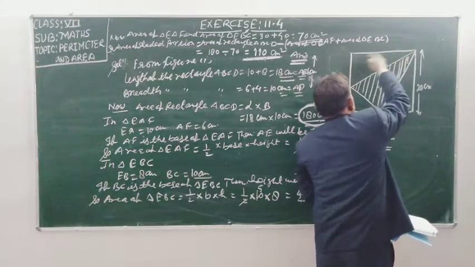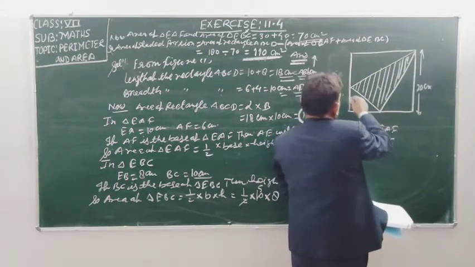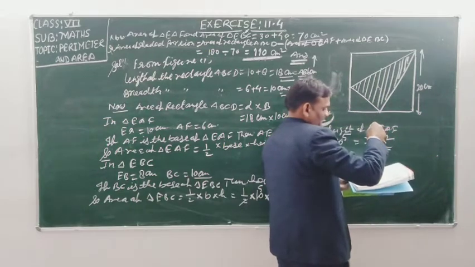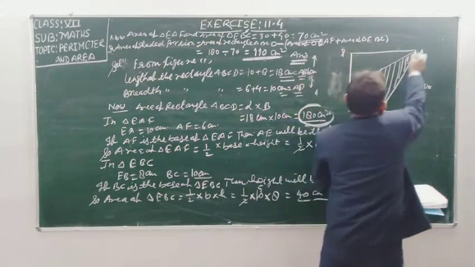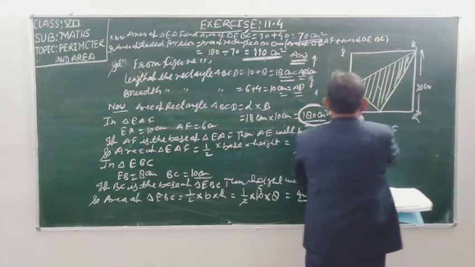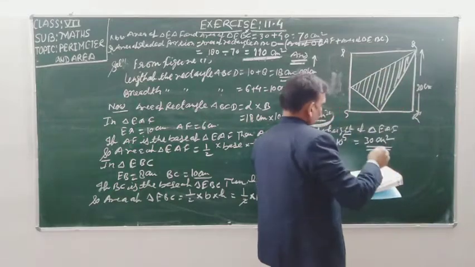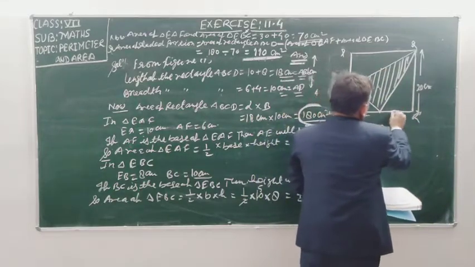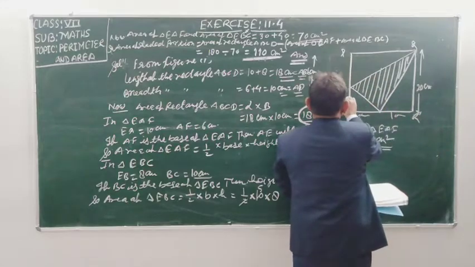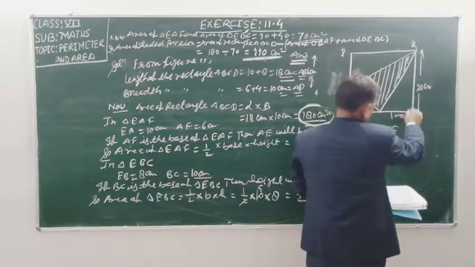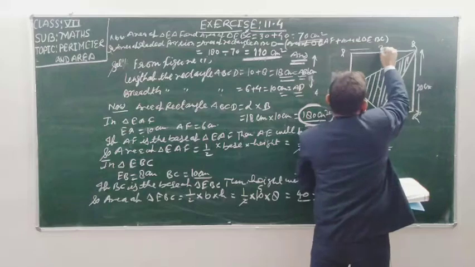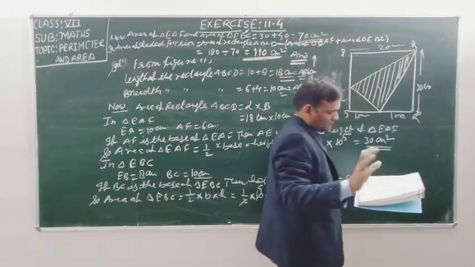So this side will be 20, this side will be 20 and this side will be 20. And this square is PQRS. And this is 10, this is 10 and this is 10 centimeter. And this will be 20 centimeter, you know.